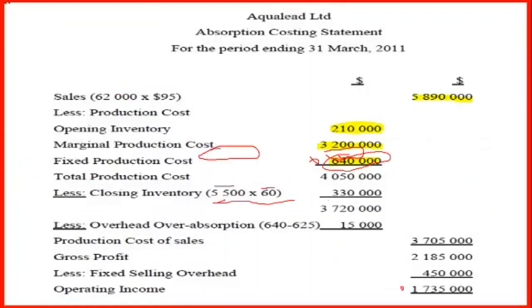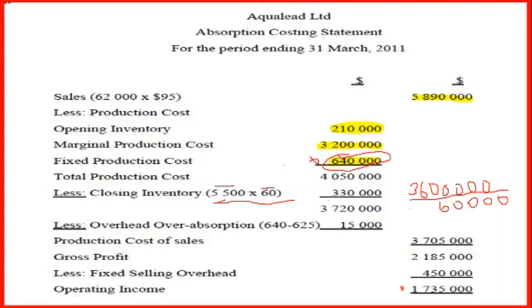So this 60 here is 3600 divided by 60,000. Okay, so the 36, right?